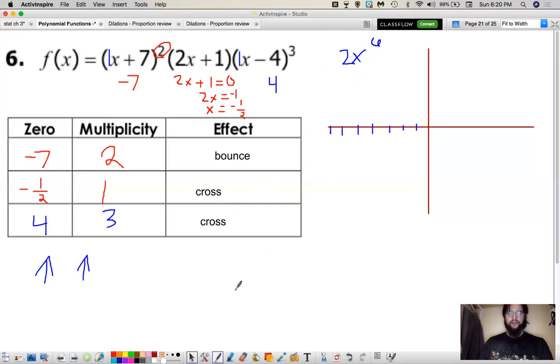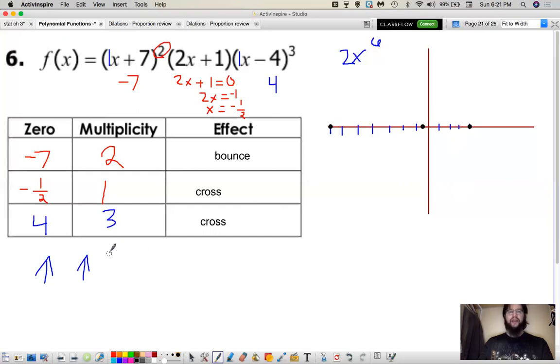I got a 0 there. And go ahead and do this. 1, 2, 3, 4. I got a 0 there. And put my zeros in a nice dark black color so you can see them. So I got a 0 at -7. I got a 0 at 4. And then at -0.5, I have another one. When I said 7, I meant -7.